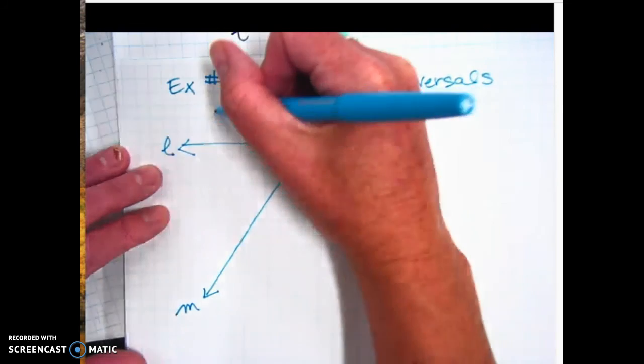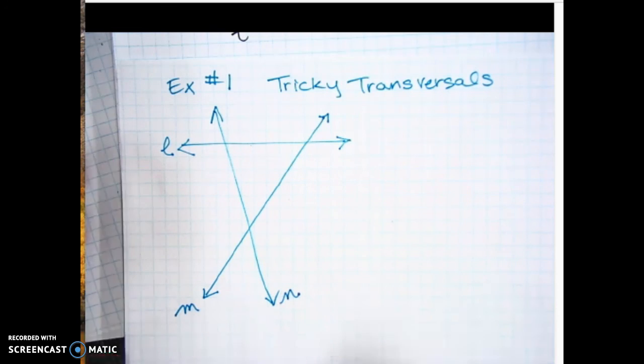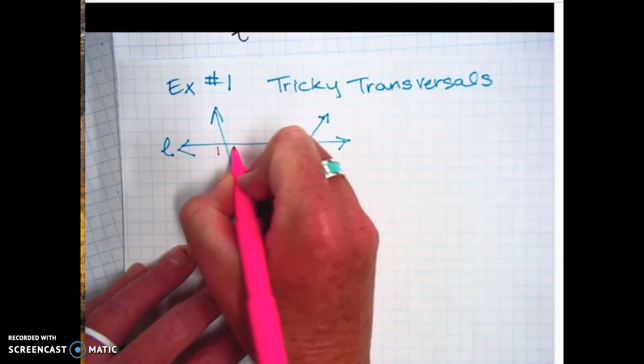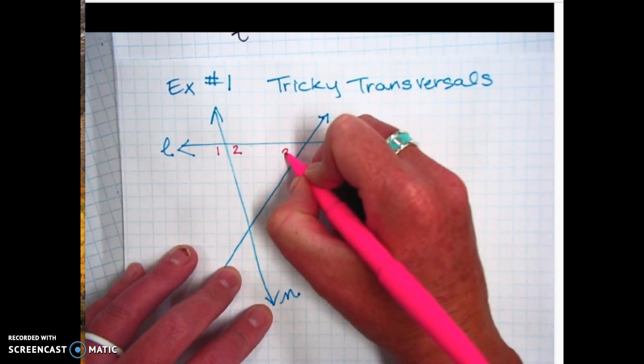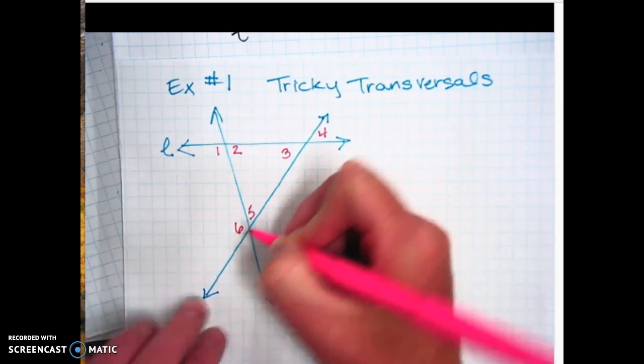And a third line going this way, we'll call this one line N. What makes it tricky is that the transversal is going to switch depending on what angles you're talking about. Okay? So let's label a few angles. We'll call these angles 1 and 2. We'll call these 3 and 4. And we'll call these 5 and 6.